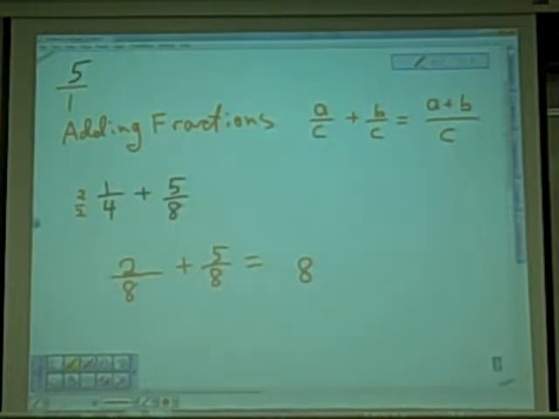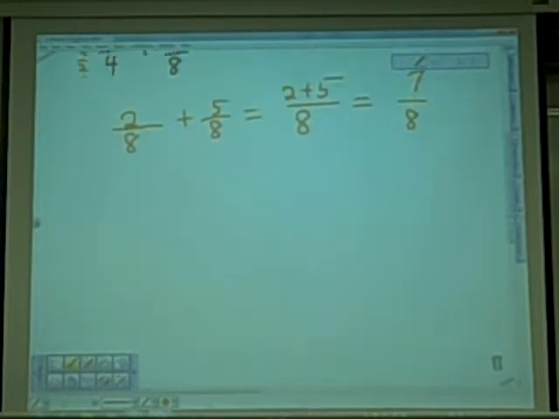So here's 8, and really all we're doing is adding the numerators together, and what do we get up here? 7 over 8. Okay? Alright, questions with that?